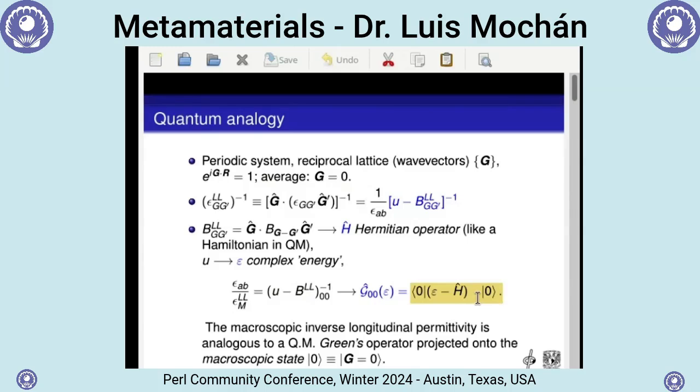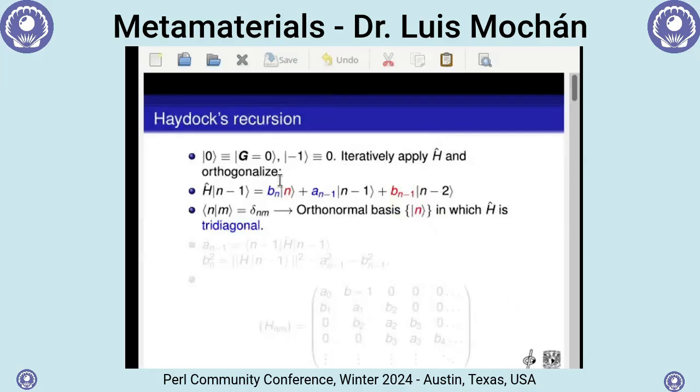I'm sure many are not following, but what I want to emphasize is that one can borrow methods that were developed for this kind of calculation in quantum mechanics and apply them to electromagnetic calculations. So what we implemented was a Haydock recursion to calculate the macroscopic response. The idea of Haydock's recursion is the following.